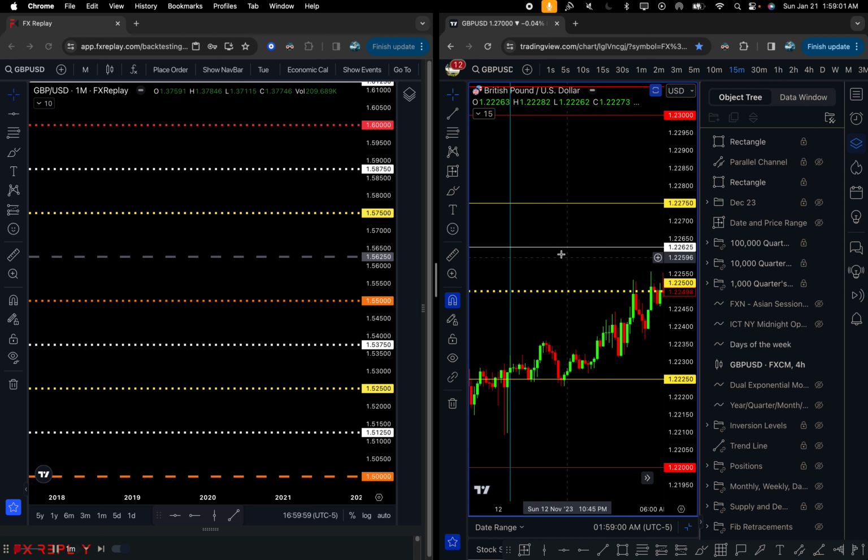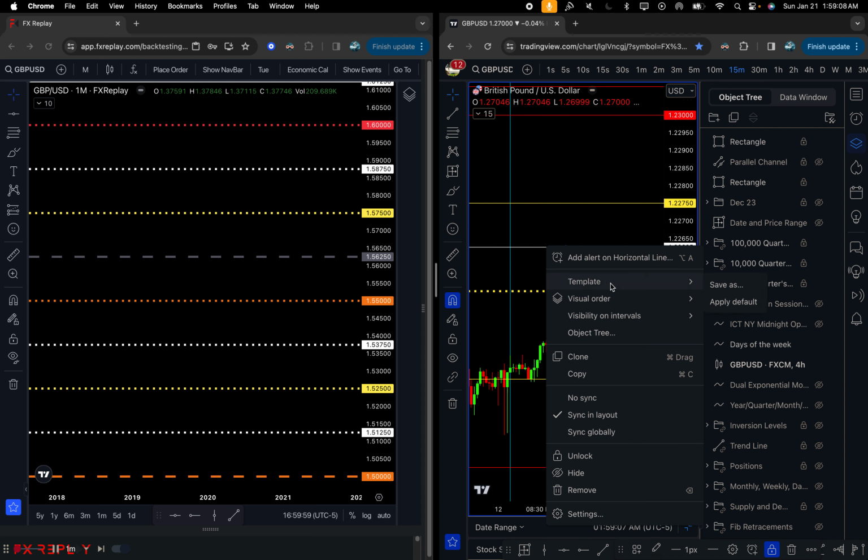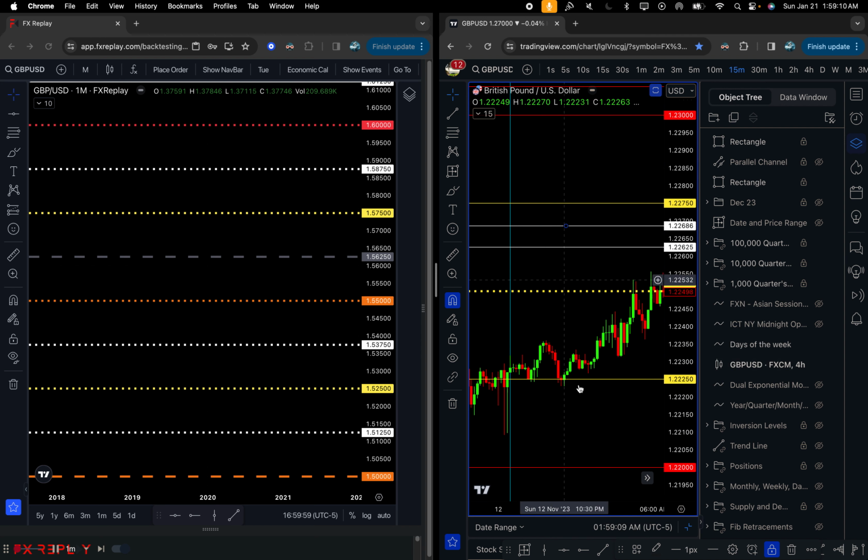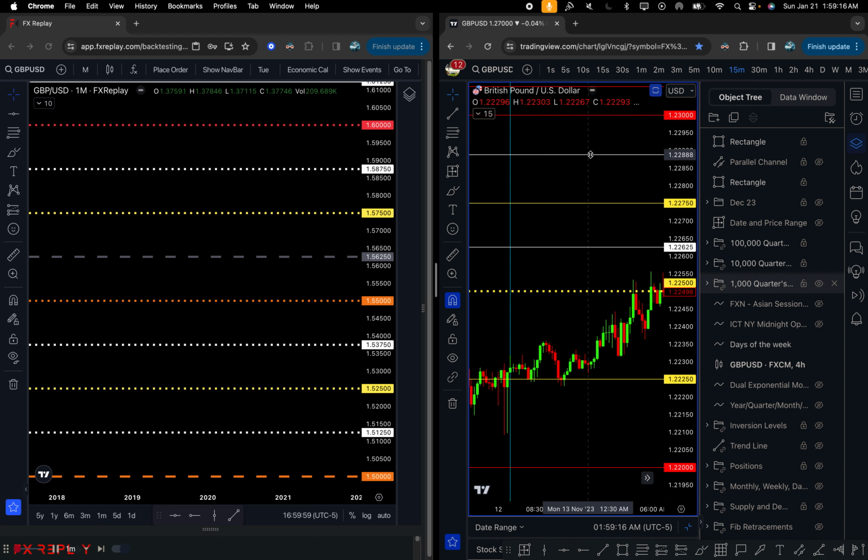Okay, so you can see I'm missing some levels. We all make mistakes. I don't always have everything drawn all the time, just because there's a lot. But if you stick with it and do enough back testing, you may have levels on here that you don't have on here.